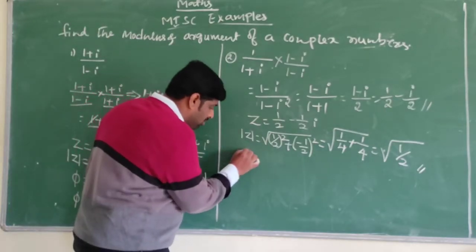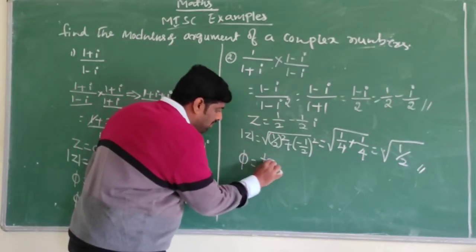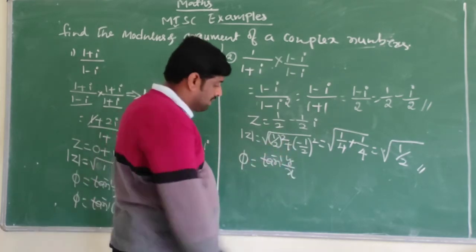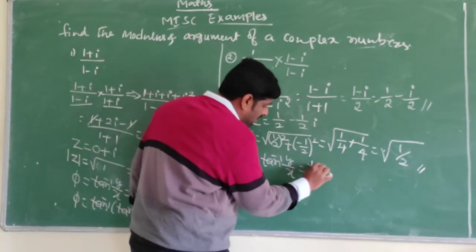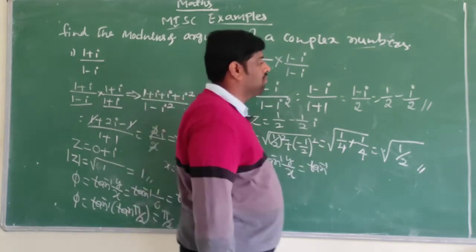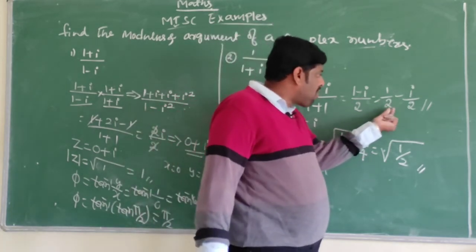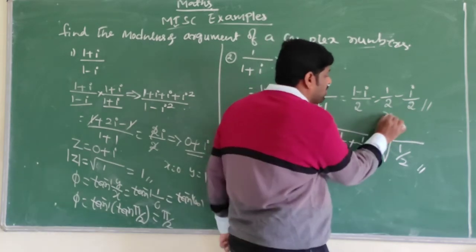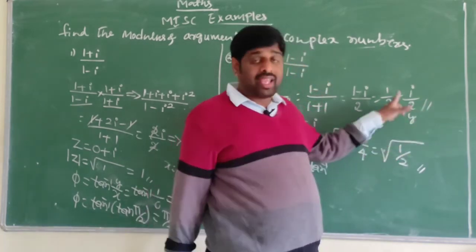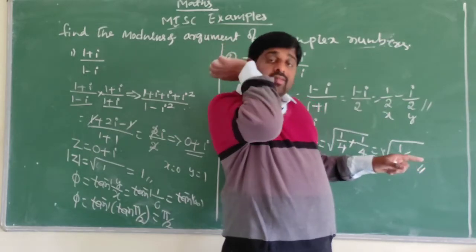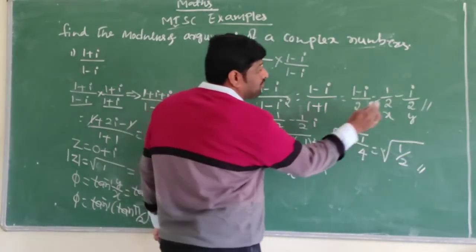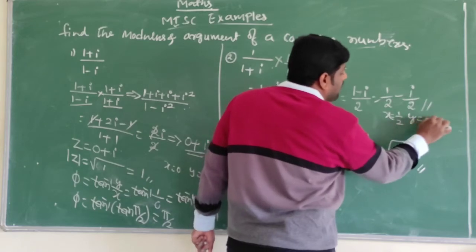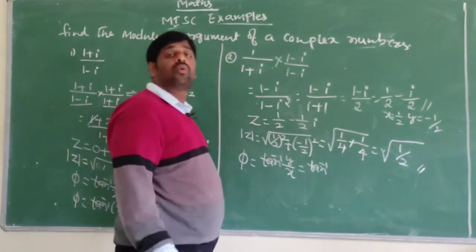Now come to the argument: theta is equal to tan inverse y by x. What is the y value? Already I told, this is a form of x plus iy. Here x is equal to 1 by 2, y is equal to minus 1 by 2.